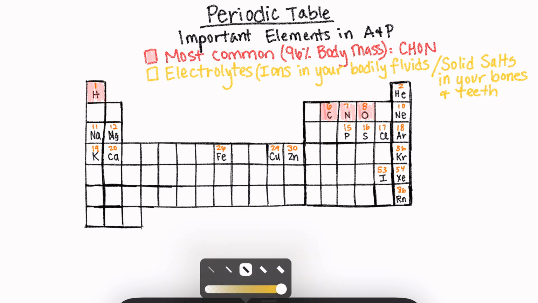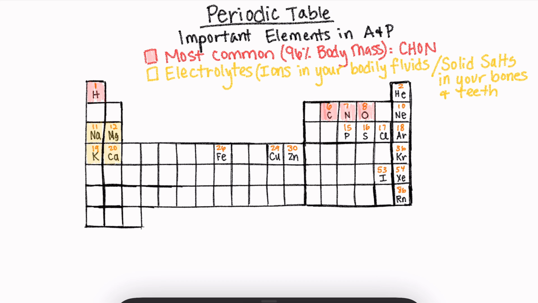So these include very familiar substances like sodium. See this? Number 11, Na, stands for sodium. Number 12, Mg, stands for magnesium. 19 is potassium, and 20 is calcium.